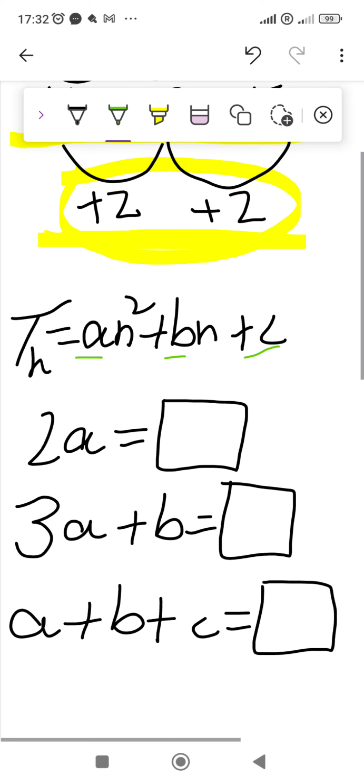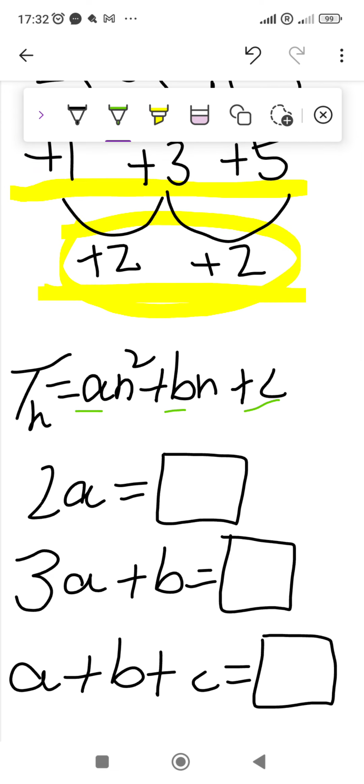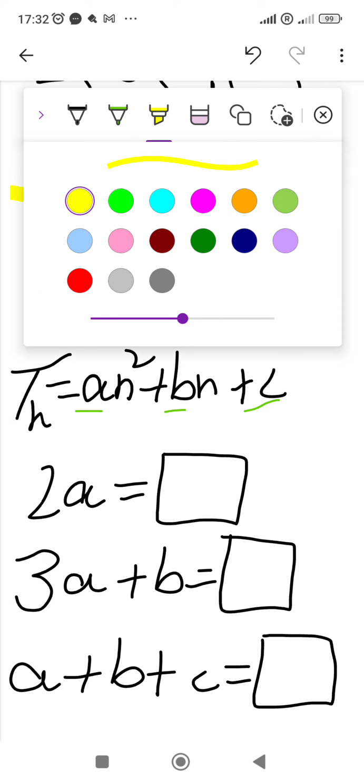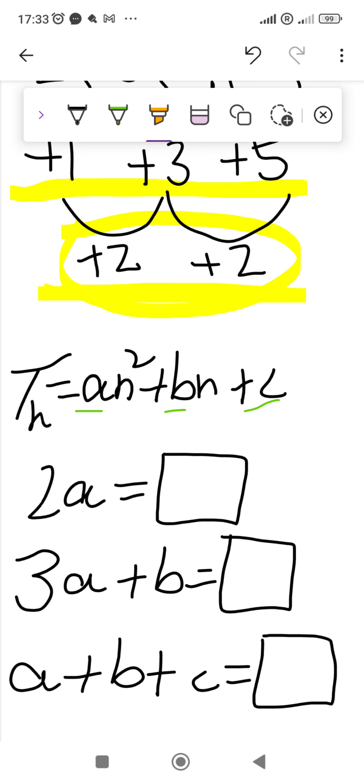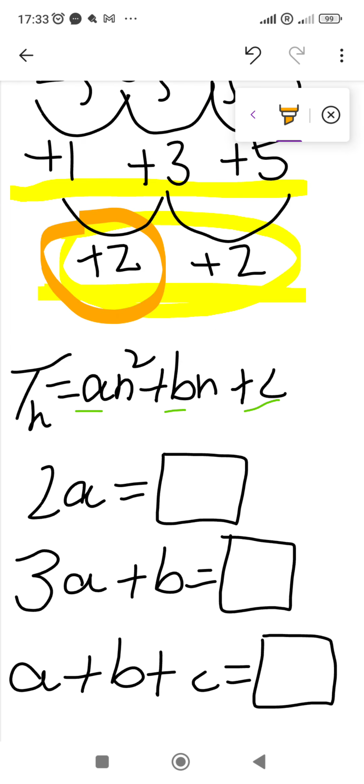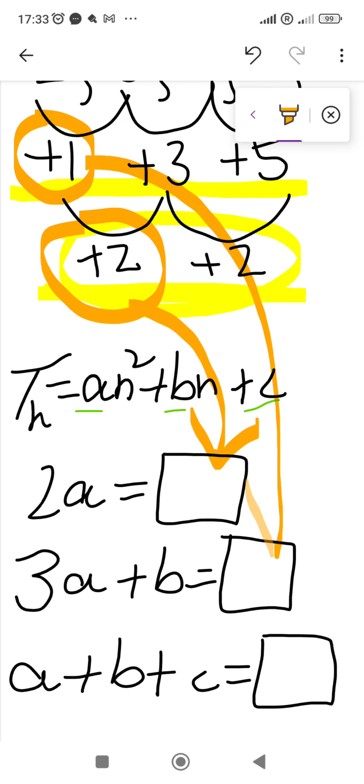Okay, so what we are going to do is this 2a, our first equation, it is going to equal to, let's maybe just change colors here for ourselves. Okay, that 2a is going to equal to this value. So our second difference, which is our constant difference, goes in over there. Our second equation, 3a plus b, we'll take the first value of the first difference, and that one will go in over there.